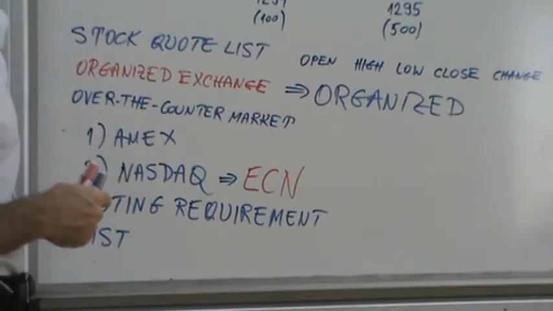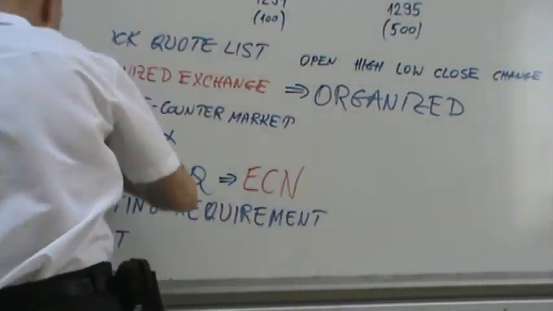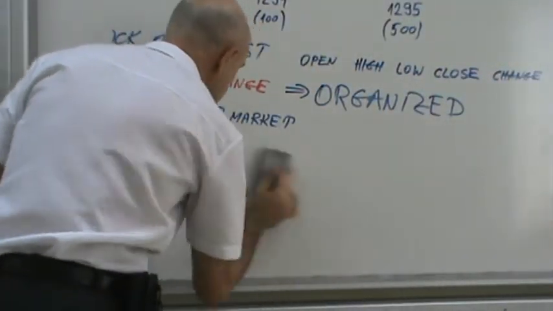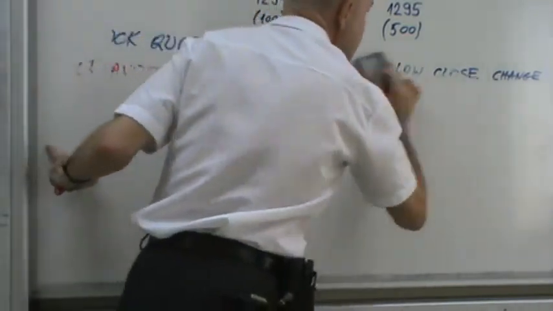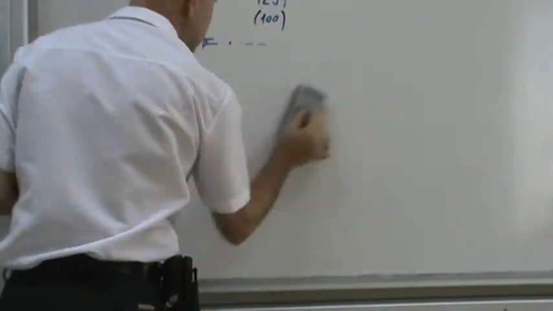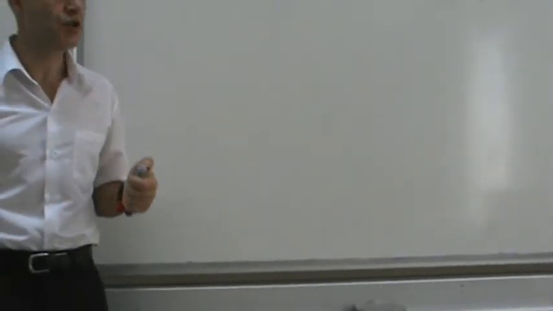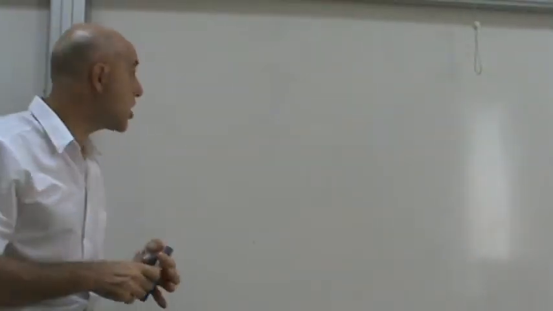So now we get to explain some of the basic benefits of listing. Now, if you have a company or any company, why would the company want its shares to be traded on the exchange?